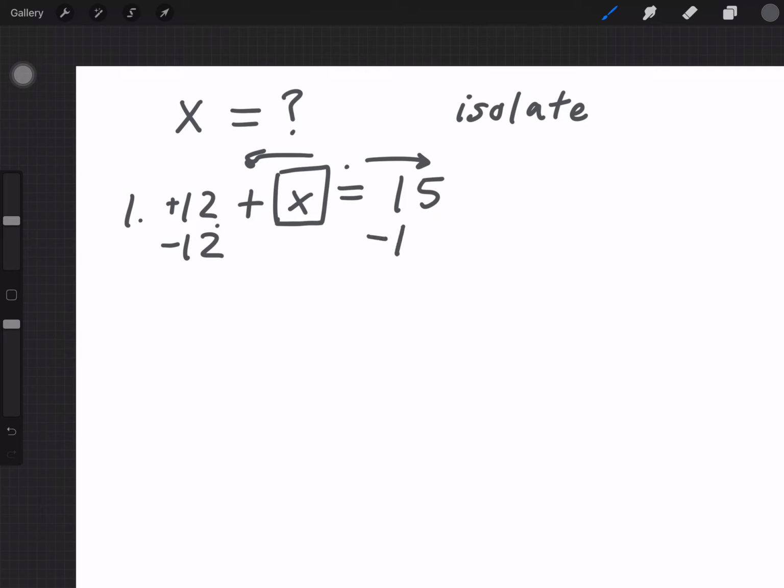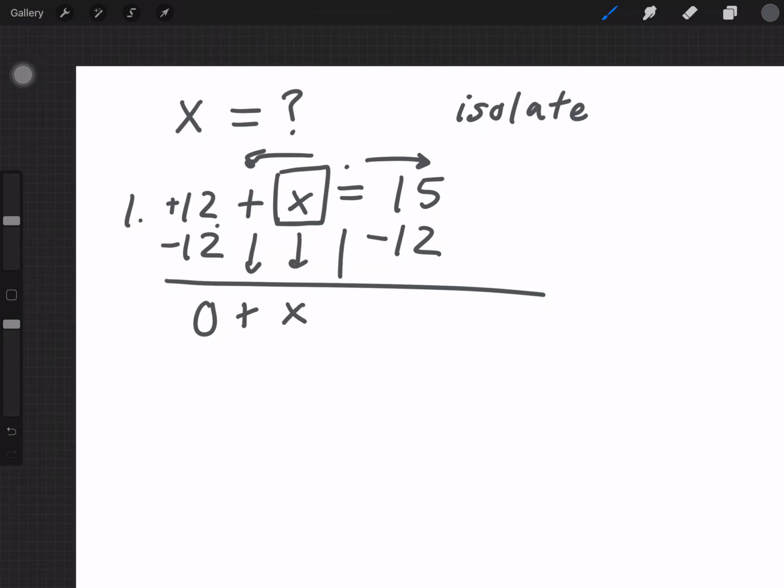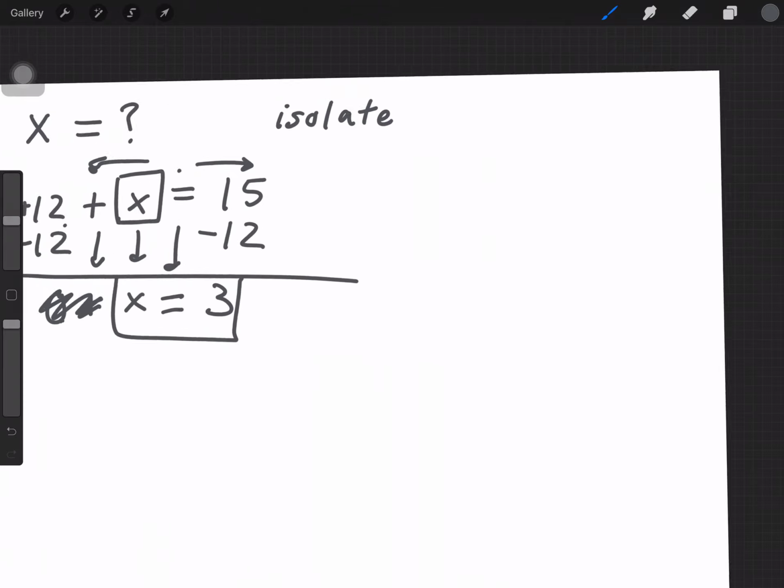So we also have to minus 12 from here. Now, 12 minus 12 is equal to 0. We're going to bring down the plus sign, bring down the x, bring down the equal sign. 15 minus 12 is equal to 3. Now we all know that 0 plus anything doesn't change anything. So what we're left with is x equals 3.